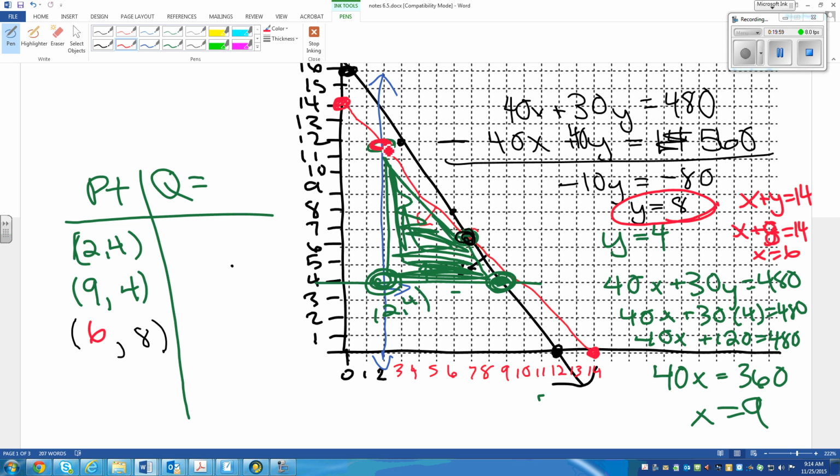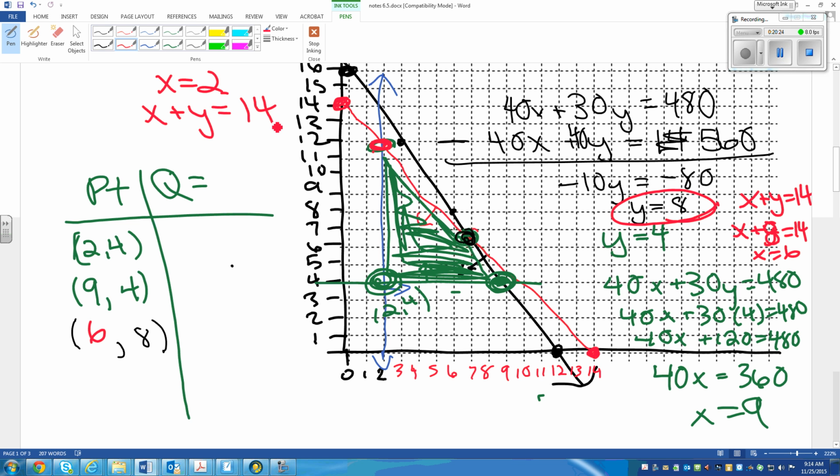Last point. Blue line, what's that blue line anyway? Y equals 2? No, x equals 2. Oh, good thing you guys caught me. X equals 2, and then is it this red line or the black line? It's the red line, right? Yep. And the red line is one of my favorites, it's the x plus y equals 14.